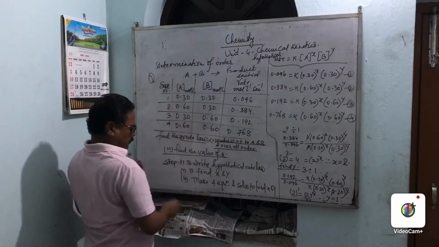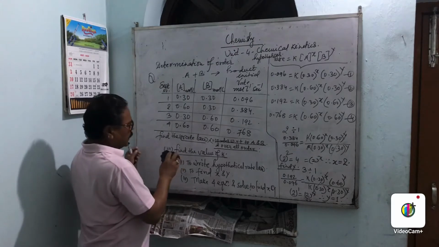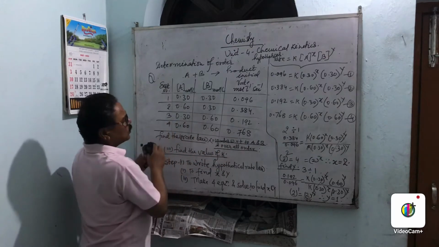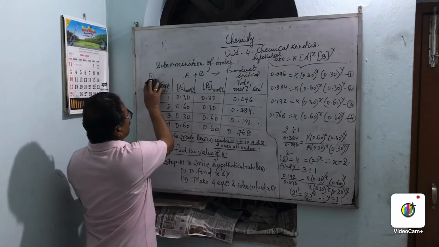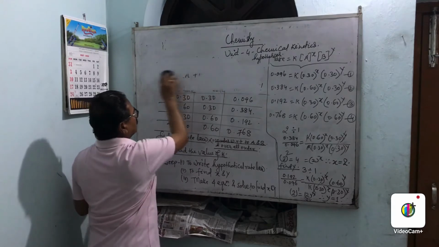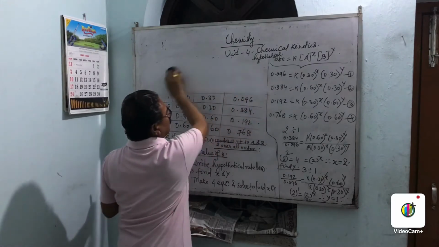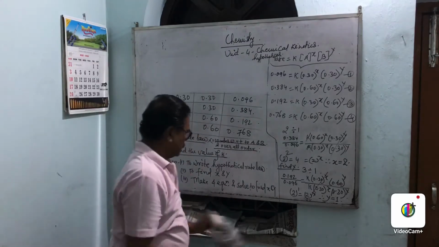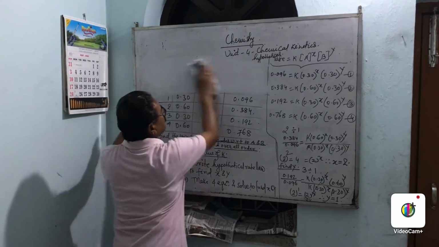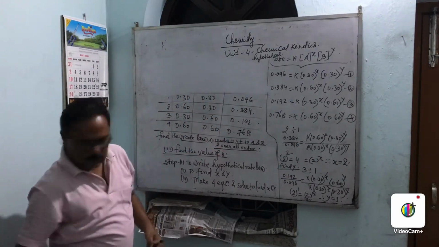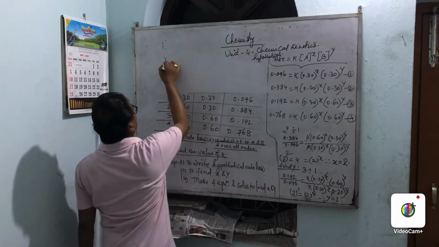Now, we have to find the order of the reaction. First we write the rate. So we use the data. You think about it. So what is our rate? This is the true rate of the reaction.